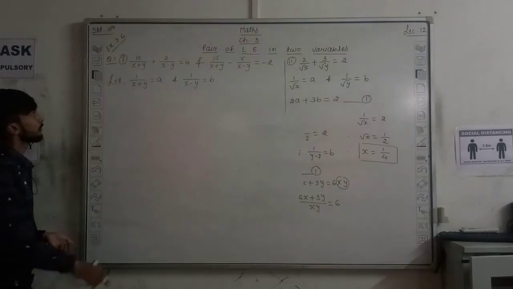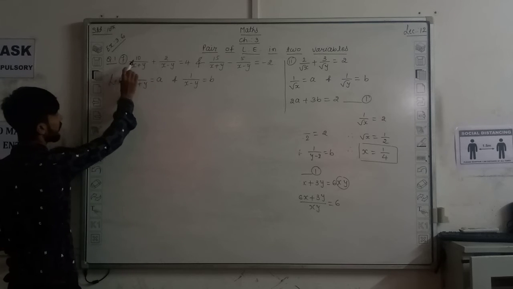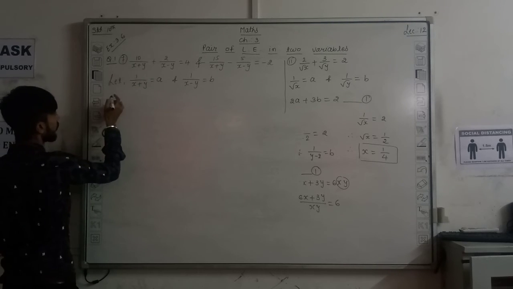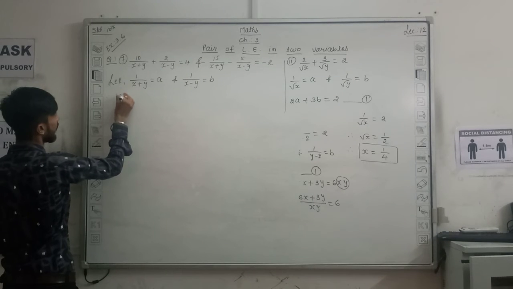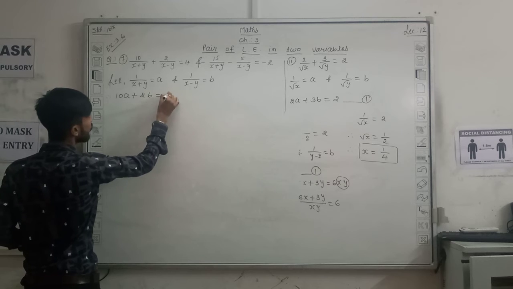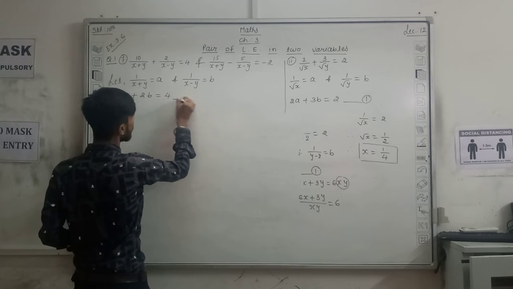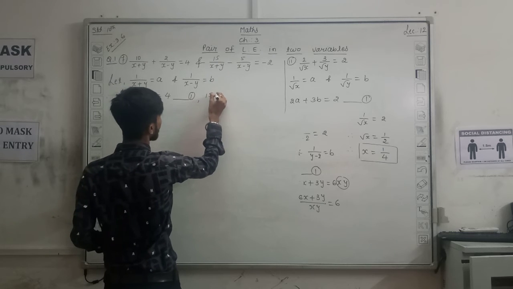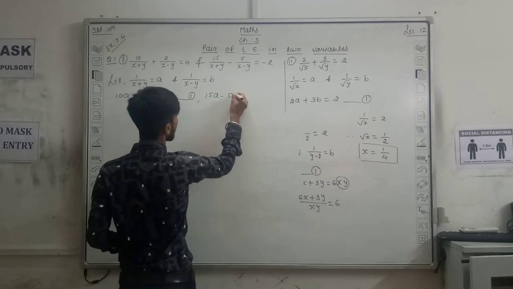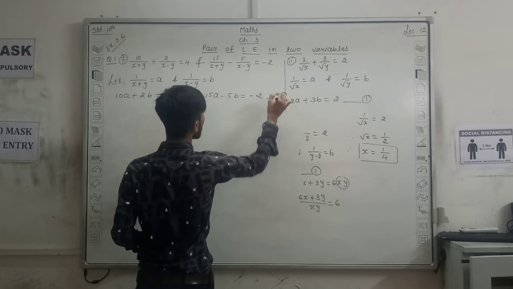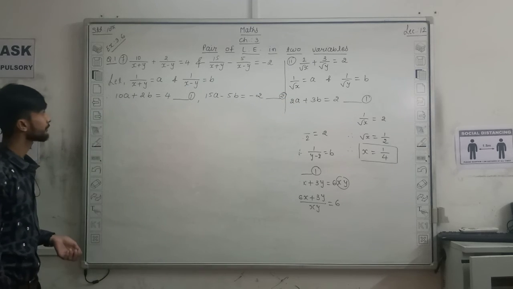Now our first linear equation is 10 upon x plus y, but 1 upon x plus y is a, so our equation is 10a plus 2b equals 4, and second, 15a minus 5b equals minus 2. Equation number 2, right?